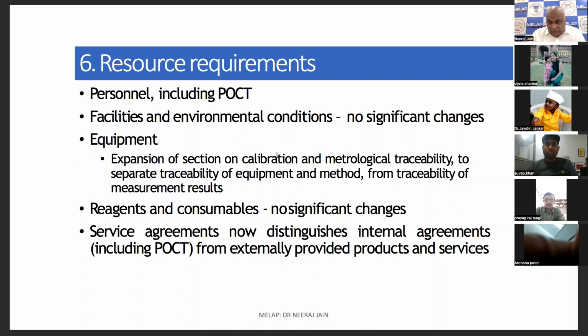This person is responsible for routine biochemistry testing. This person is responsible for hormone testing. This person is responsible for the quality management system. This person has to supervise purchase. So that way they are saying authorization. The rest of the requirements are same in personnel.